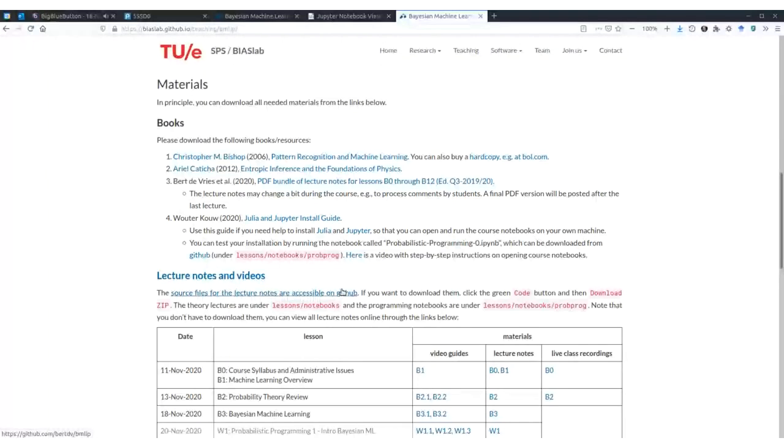Yes, so if you go to the website, under materials and books, there's a bullet point with my name and then the Julia and Jupyter install guide.